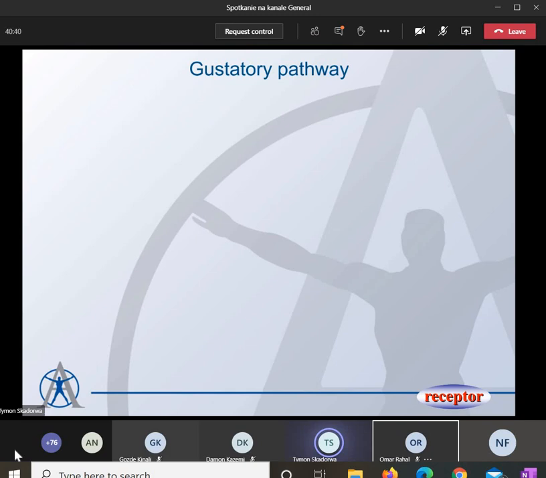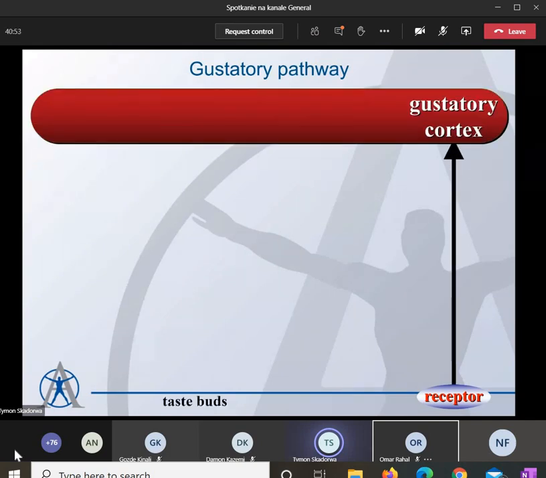Here, the receptors of the gustatory pathway are located in the tongue and palate and the mucosa of the oral cavity, and these are actually the taste buds. Taste buds are, again, modified neurons which are located mostly in the tongue, and they send the information to the gustatory cortex. The gustatory cortex is located in the frontoparietal operculum.